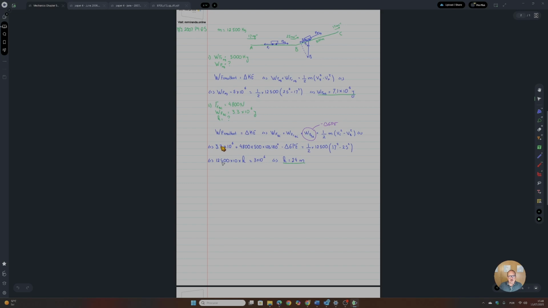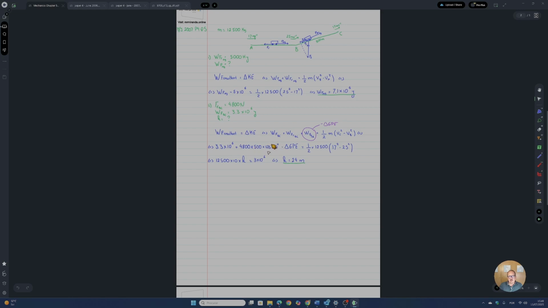What information do I have? I have information about this, the work done by the driving force. It's given over there. I have the information given about the frictional force, not the work, but the frictional force. That's 4,800 newtons. I also know the distance. It's 500. And the work of any force is the force times the displacement times the cosine of the angle between these two.